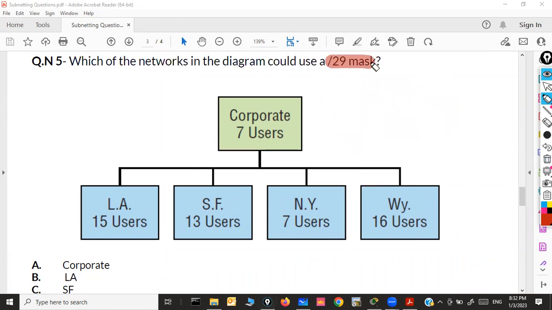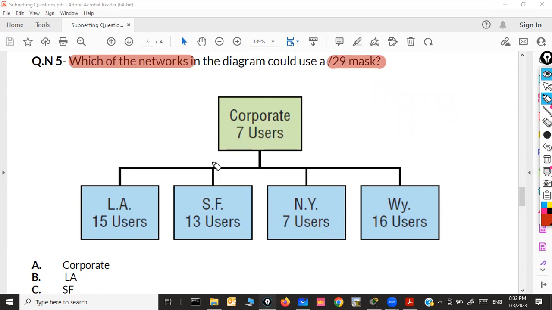Will there be a minimum of 7 IPs in that subnet, 15 IPs, 13 IPs, 7 IPs, or 16 IPs? But the question is which of the networks, meaning subnet or subnets, in the diagram could use a /29 mask.